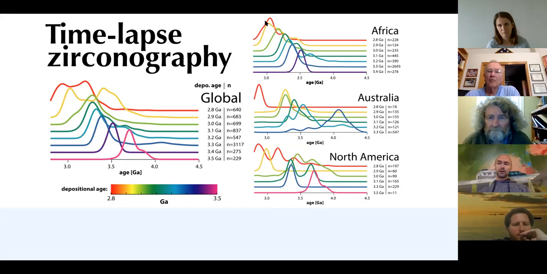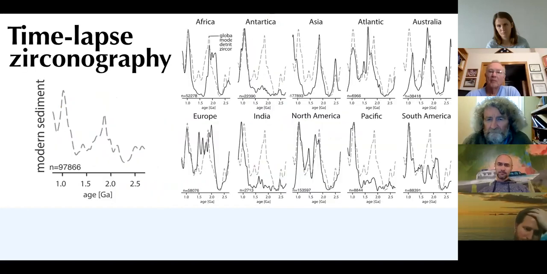So there are very few intervals of time where there is not zircon growth during the Archean.